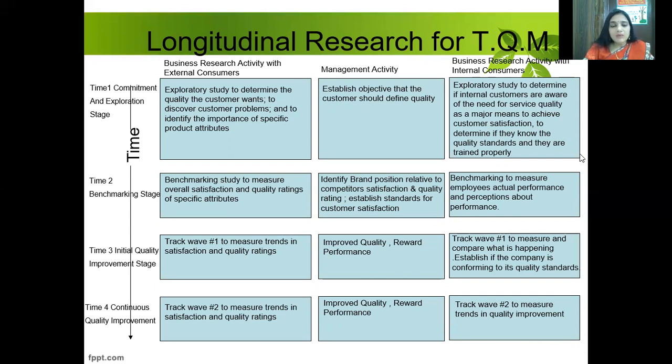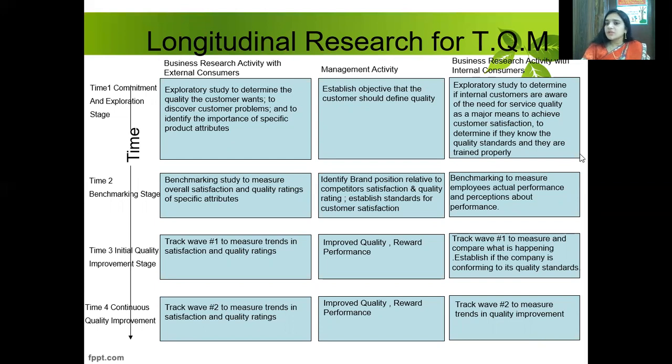This can be one thing you can survey for external consumers so as to improve quality over years. Or if it comes to management activity, then it might be like establish objective that customer should define quality.